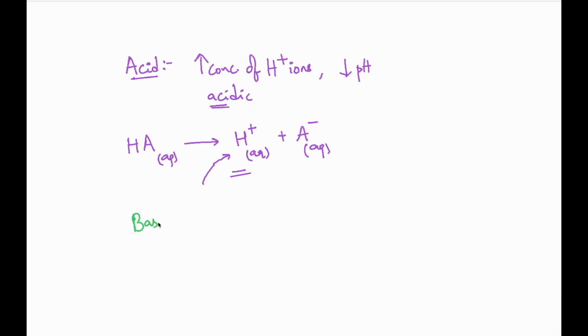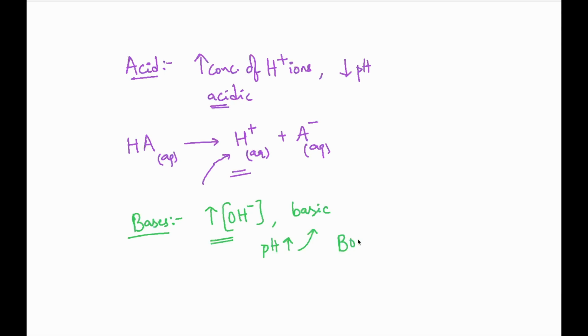Now, coming to the Arrhenius definition of bases, bases increase the concentration of hydroxyl ions in an aqueous solution, thereby making the solution basic. So, by increasing the concentration of OH- ions, the pH of the solution is going to increase, and this is what makes the solution basic.